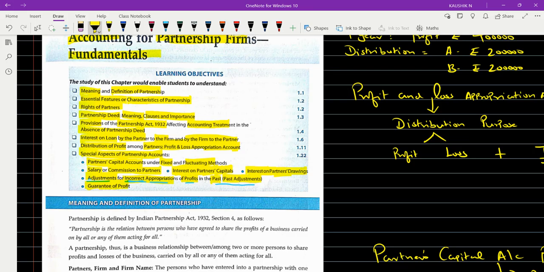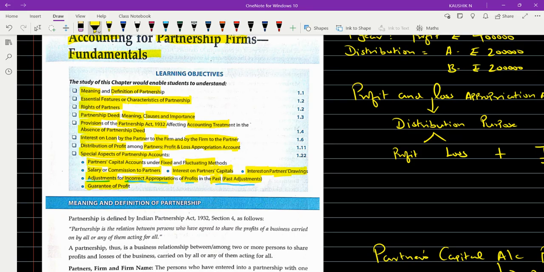Now, you may ask, sir, I have found in many places you're using a term called firm. What is it all about? Let me make it understood to you. In sole proprietorship, it is only one individual who's running a business. So we don't use the term firm. We make use of the term business, or business concern.